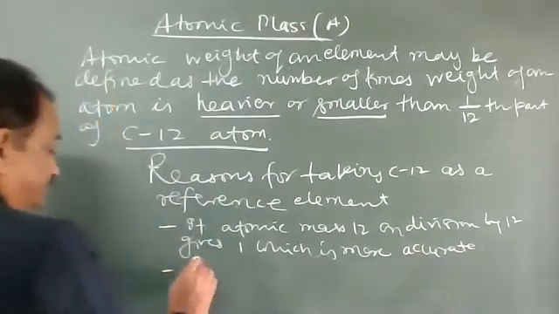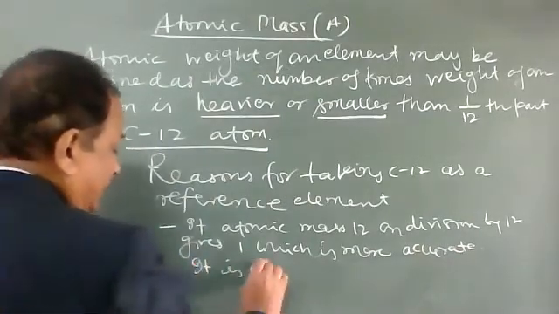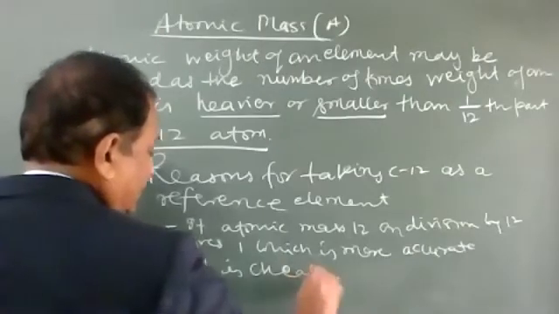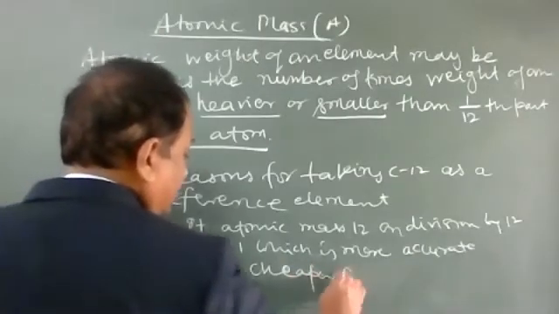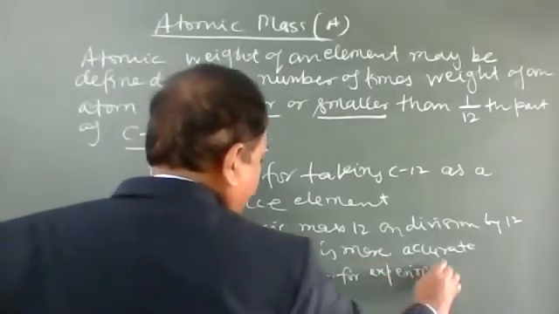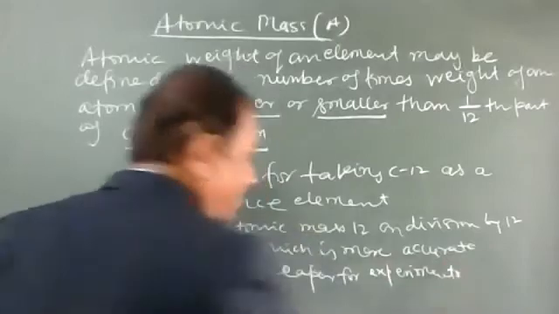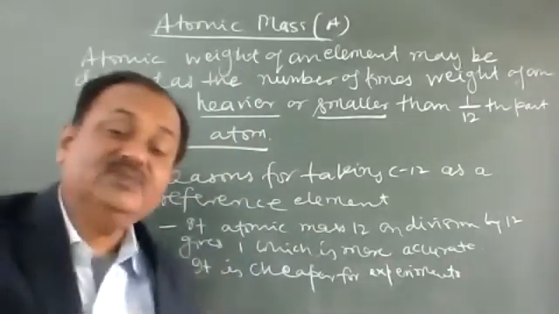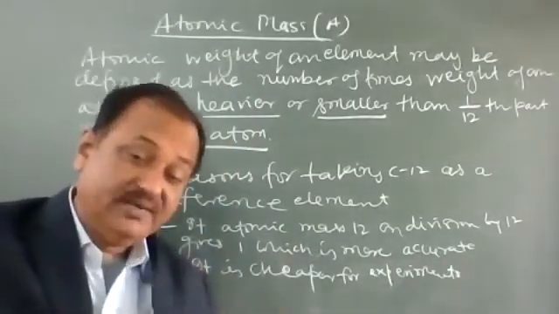The second point is that it is cheaper. It is cheaper for experiments. For experimental purposes, carbon 12, normal carbon, coal, is easily available.